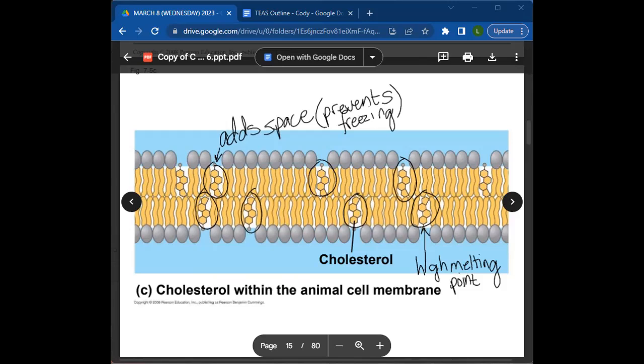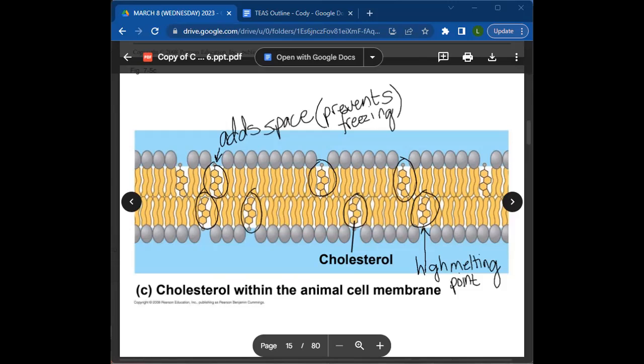Also, if the cell membrane starts to become too warm, the phospholipids may melt, but the cholesterol won't. And so the cholesterol, in a way, will act as support beams a little bit and will help the cell membrane keep its shape without becoming too soft and too fluid.